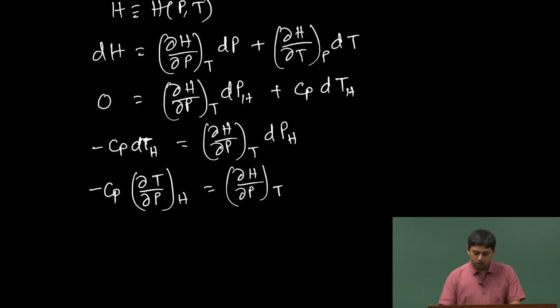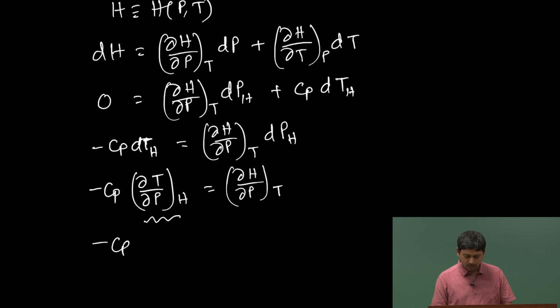okay. So, what we are seeing here on the left hand side, that how much change in the temperature happens due to change in the pressure when the overall process is done at a constant enthalpy, and this is the quantity that is called Joule-Thomson coefficient.